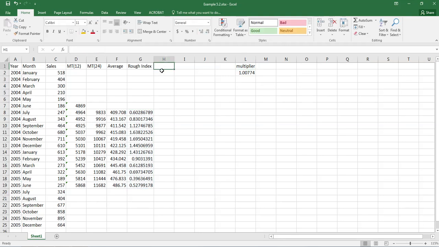Then the index is the rough index times the multiplier. Oh, I'm sorry, here we need to log the location L2.